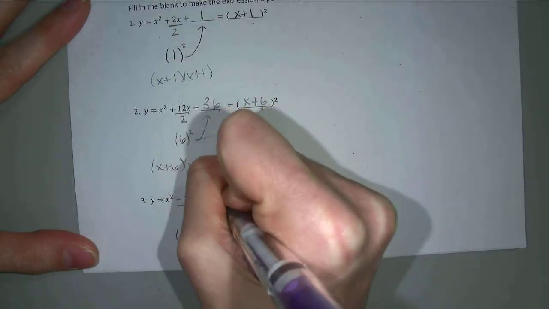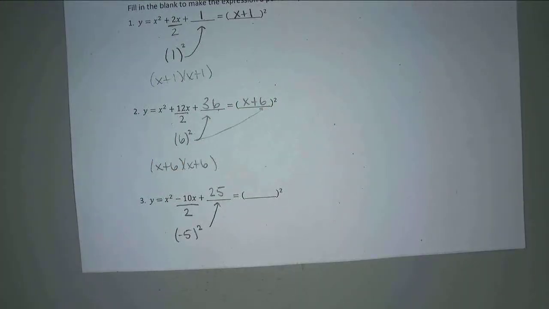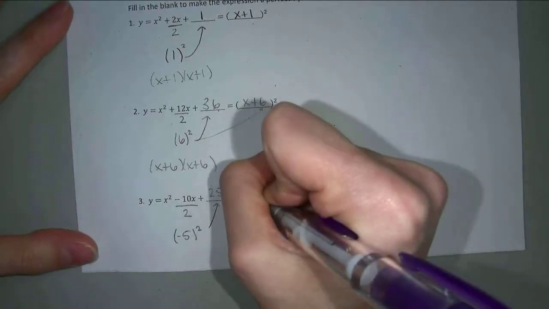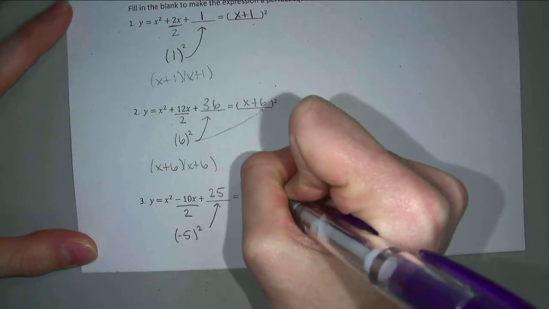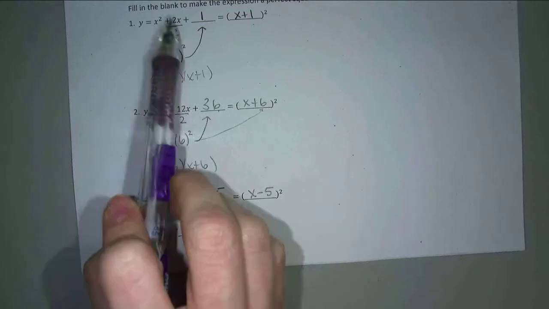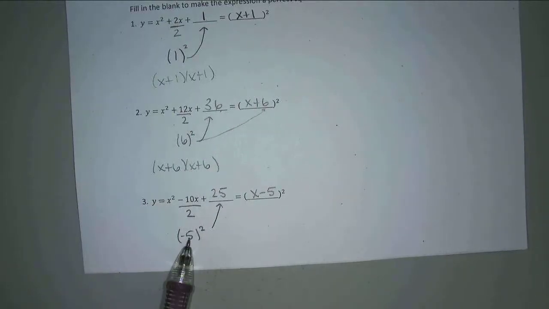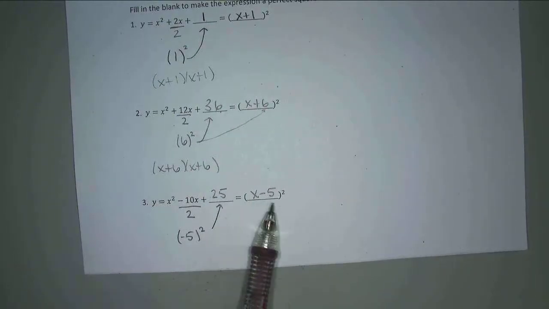It's going to be positive 25, right? Because negative times a negative is a positive. And then I ask you, what are factors of 25 that add up to negative 10? Negative 5 and negative 5, okay? So what's going to go right here is just x minus 5. So whatever half of the middle term is, including the sign, is the factored part.